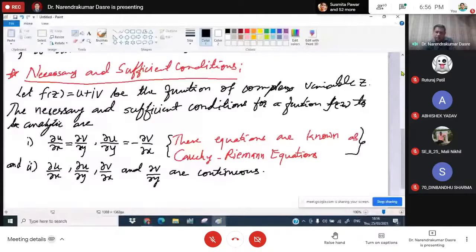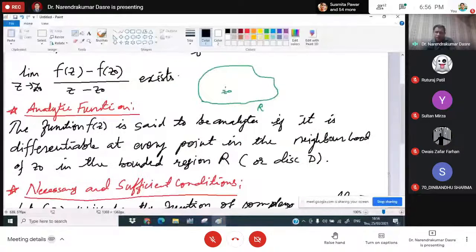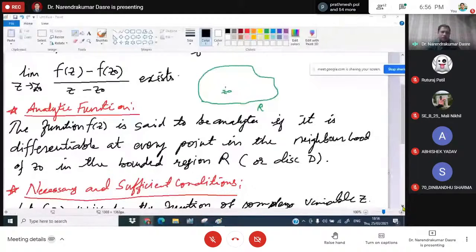But then we don't know how many points are there in the region and at how many points we have to check. So it is better to use the necessary and sufficient conditions to test whether the function is going to be analytic or not. Here we consider the first order derivatives and see whether they satisfy the CR equations or not, and then we consider the continuity of these derivatives.